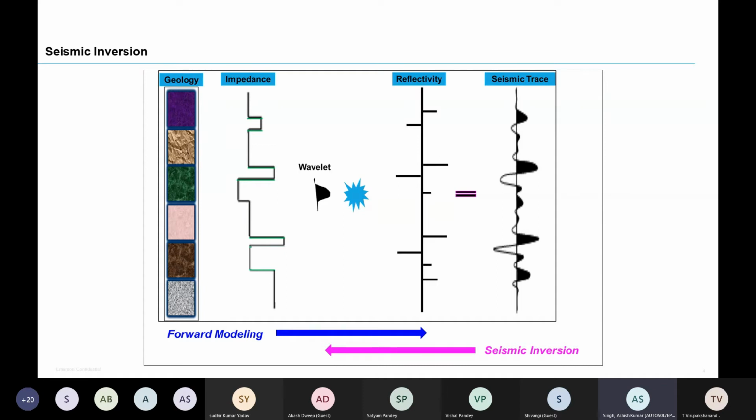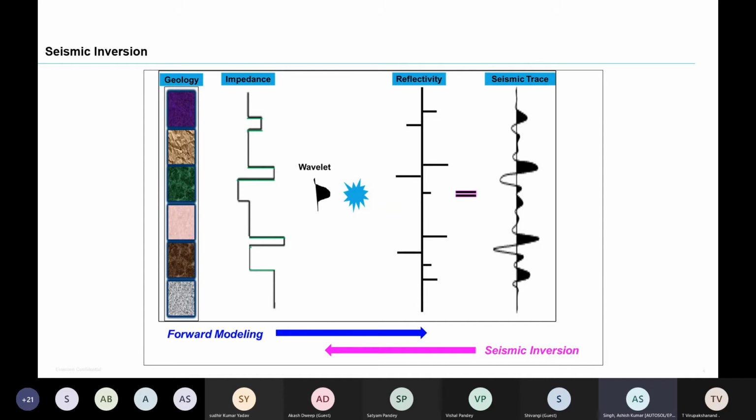But what happens if you have only the seismic data and you don't know the wavelet? Going from data to layer property is called seismic inversion. In this case, you have to estimate your wavelet and then deconvolve it, then try to estimate the reflectivity series, and then you can compute the impedance, which is a replication of the geological model.